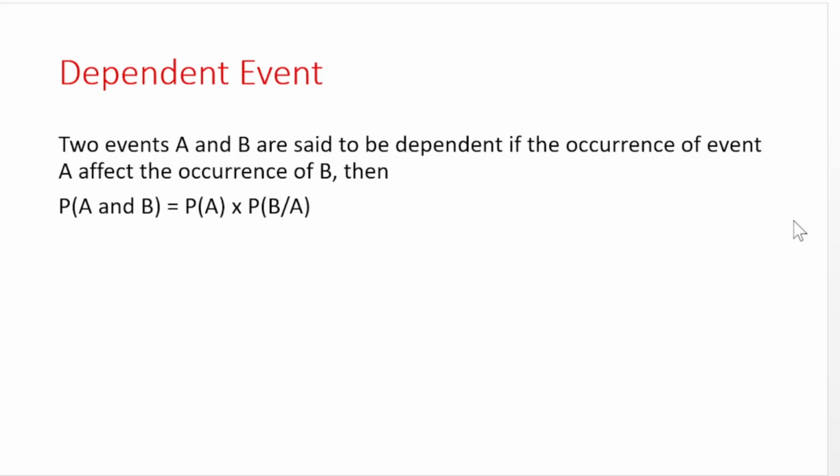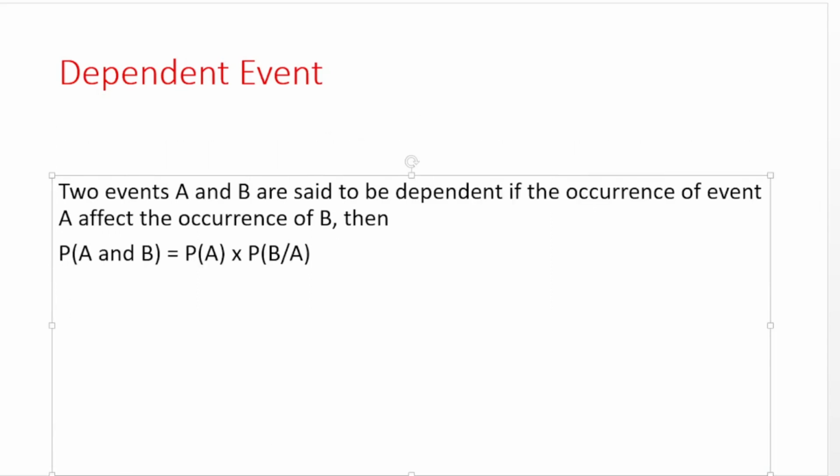So then probability of A and B will be probability of A times probability of B slash A. So that slash A means given that A has occurred.